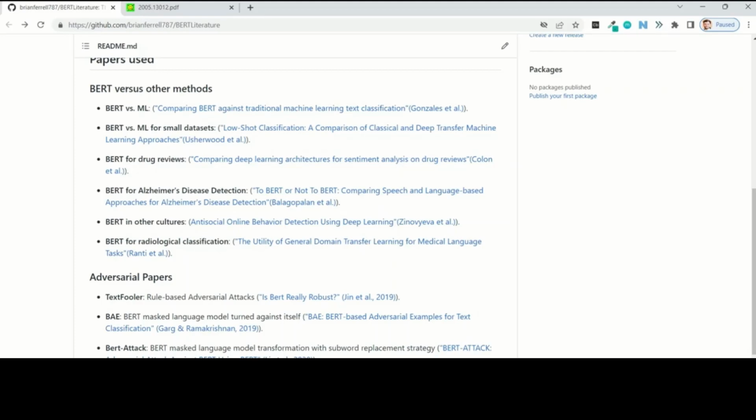But I still wanted to review because BERT is a widely used thing in natural language processing. BERT is going to be the main model that people compare things with because it's the most popular.